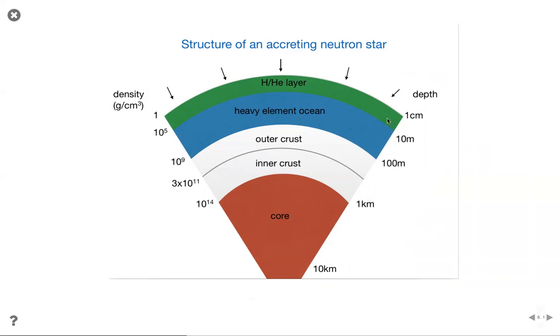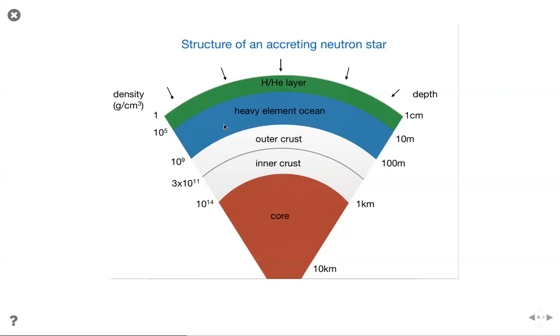But we are going to focus only on this accreted envelope, which will include the heavy element ocean, shown in blue, and the hydrogen and helium-rich layer, shown in green. You can see the depth of this envelope is only about 100 meters, and the density, shown on the left, changes between approximately 1 gram per cubic centimeter close to the surface up to approximately 10 to the 9 grams per cubic centimeter at the bottom of the accreted envelope.